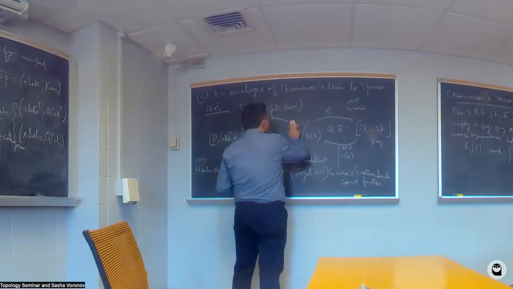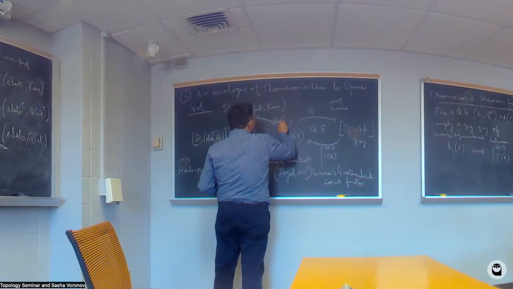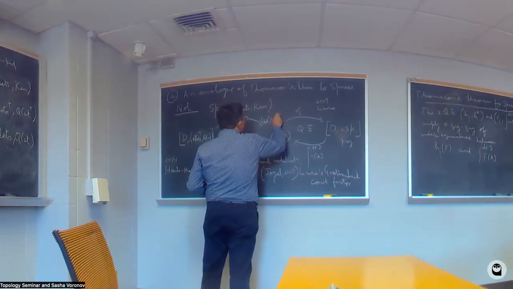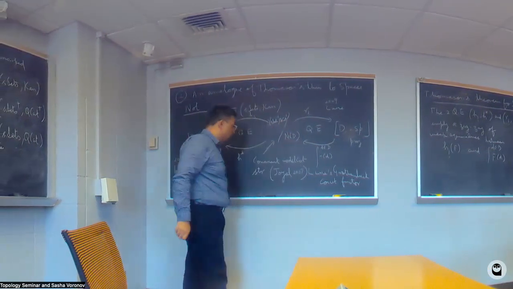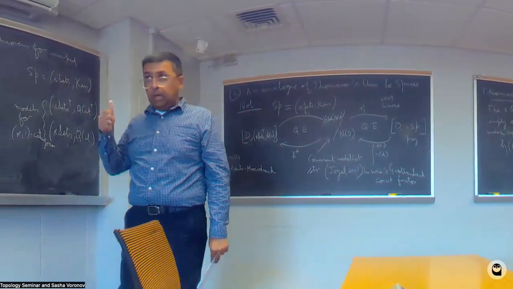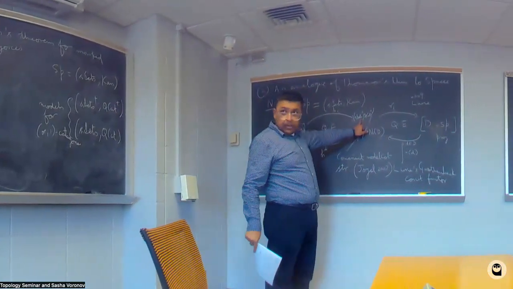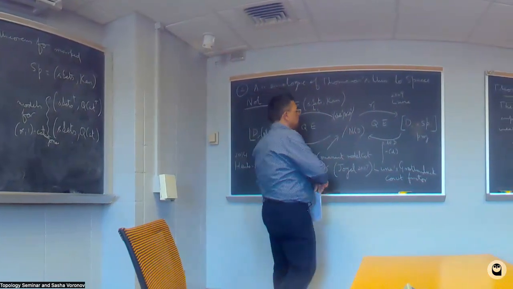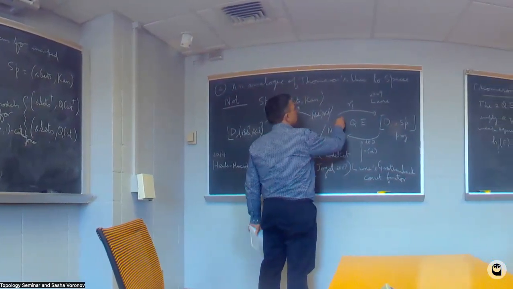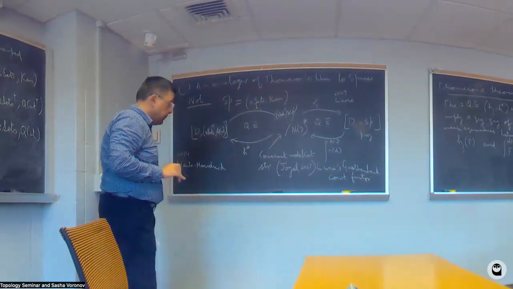Over the nerve of D. Now, if we are talking about an over category in marked simplicial sets, then the base should also be a marked simplicial set. So we turn this into a marked simplicial set by marking all the edges.